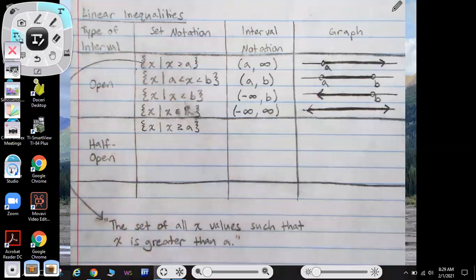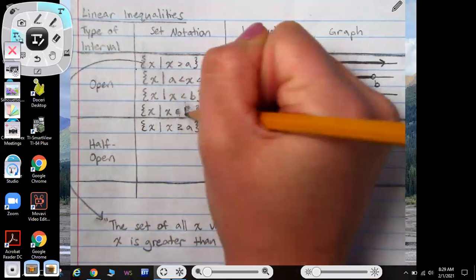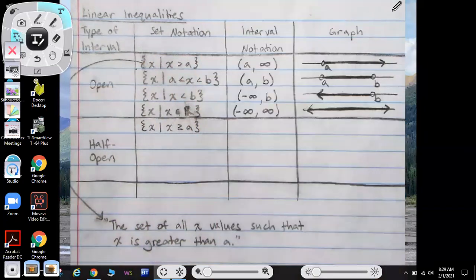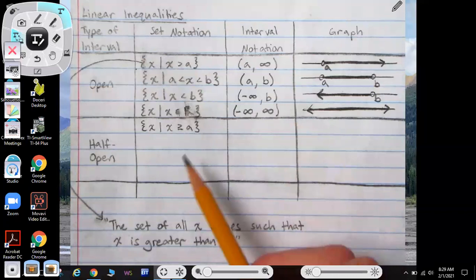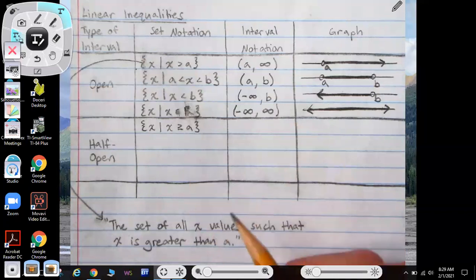So the half open intervals use greater than or equal to symbols or less than or equal to symbols. So in the interval notation, that means we're going to be using some square brackets instead of parentheses.